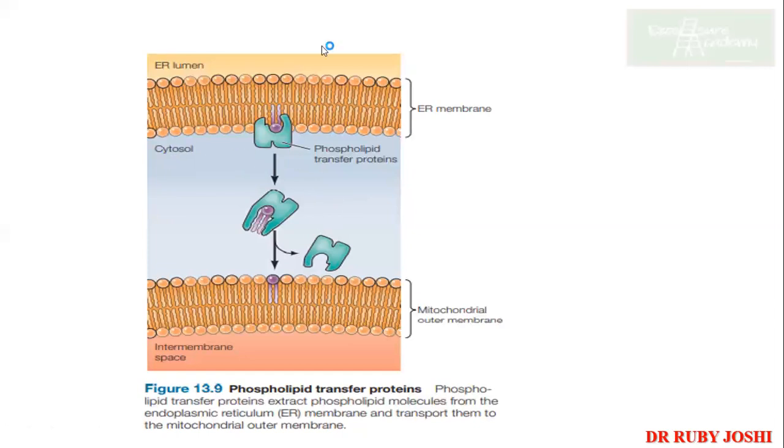So now you can see that here you have got your ER membrane, right? ये आपका ल्यूमन हो जाएगा, तो आपका ER ऐसे present है यहाँ पे. Now phospholipid transfer proteins क्या कर रहा है?